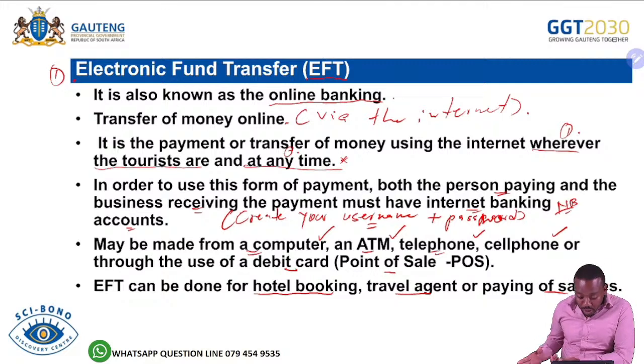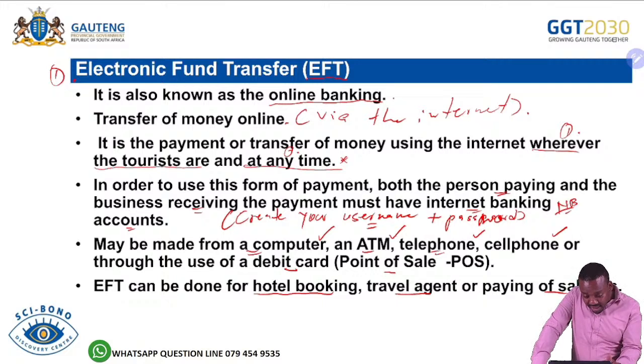Instead of going to the bank and joining all those long queues, you might just have to go to your ATM, because now they've got multiple functions, and then you can be able to do an EFT, as long as the person paying and the business receiving the payments have internet banking.